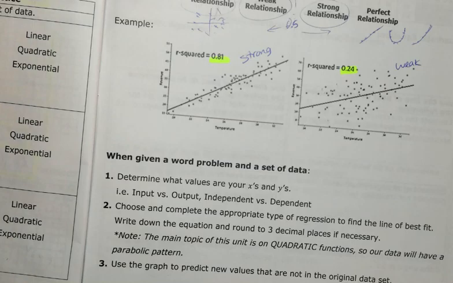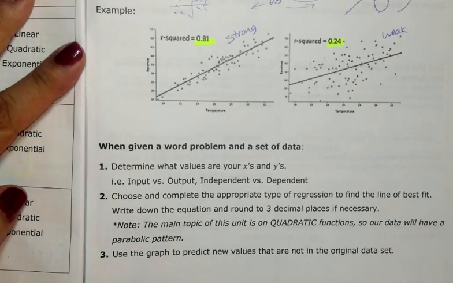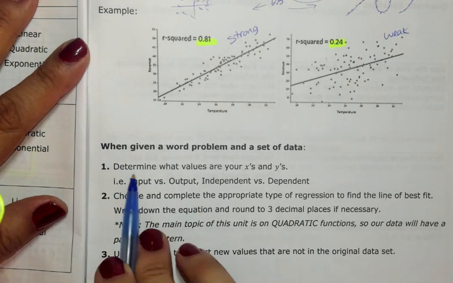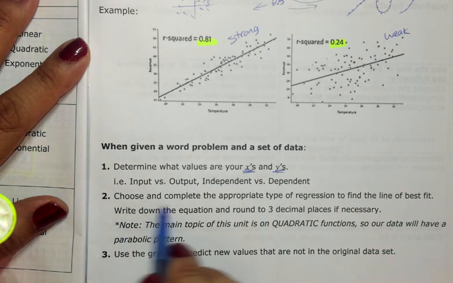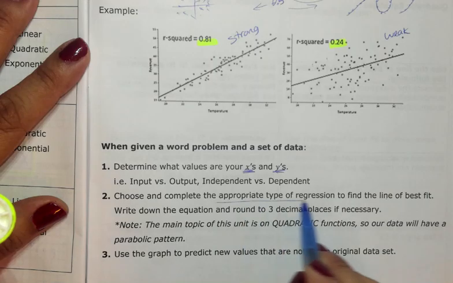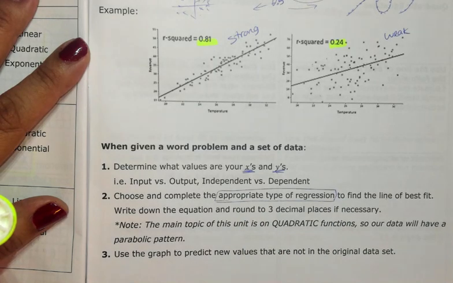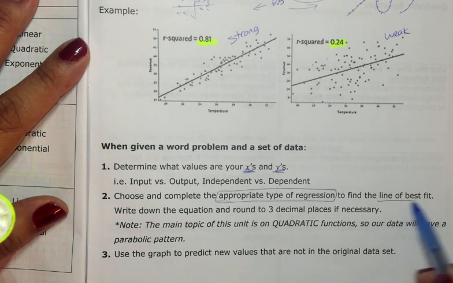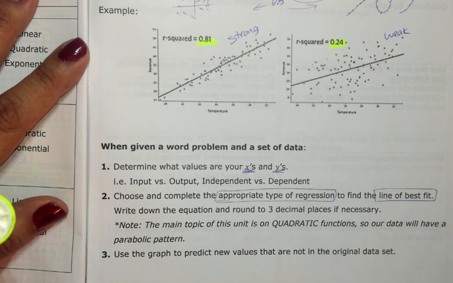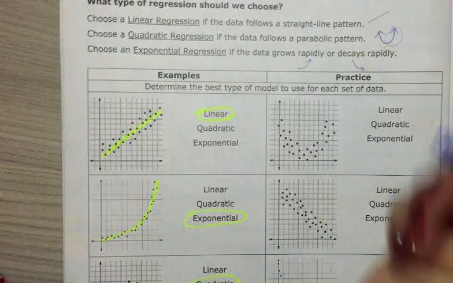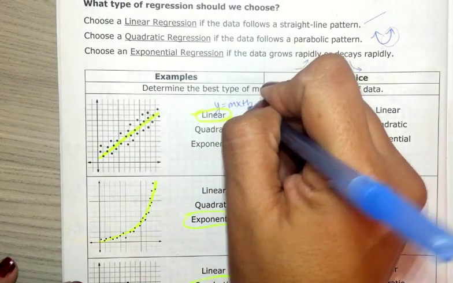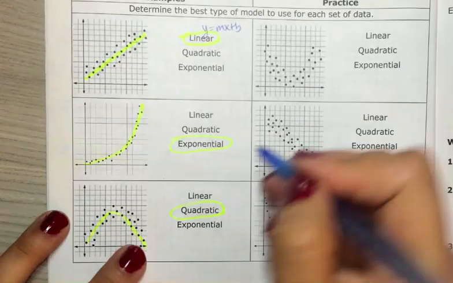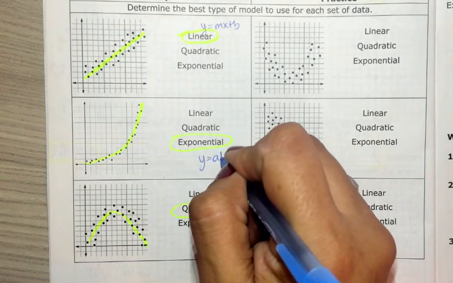As far as how to get that, you're going to be given a word problem. You're going to determine what is representing X and Y. You're going to do the appropriate regression needed, and then you're going to write your line of best fit. If it's linear, you're going to write y equals mx plus b. If it's exponential, you're going to write y equals a times b to the x power.